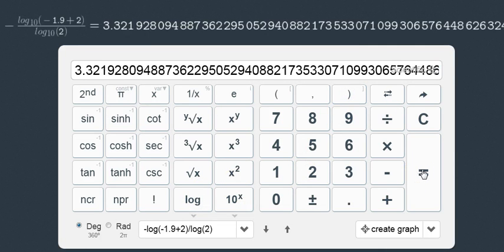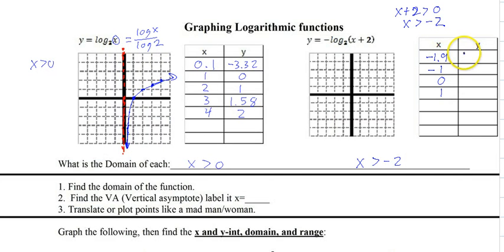And there we go, 3.32. And then the negative 1 will give us 1, so that again is 0. Plug in 0, we would get 2, and log of 2 over log of 2 is 1. So we get negative 1. And you can enter all this in your calculator if you want.